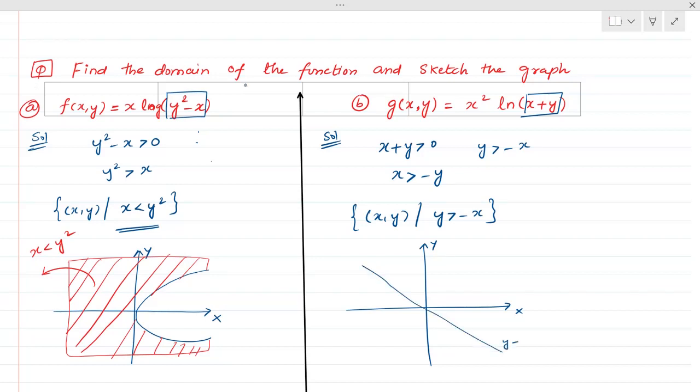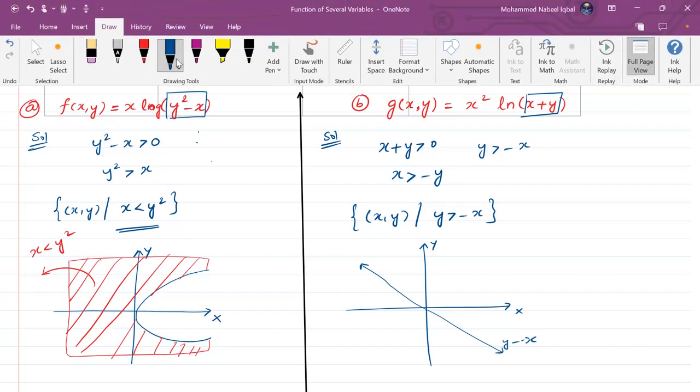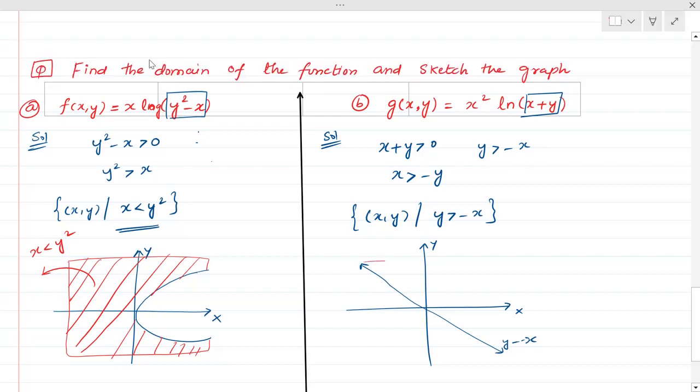This is the line y equals minus x, which is showing more than. More than means the upper part. So the upper part is the domain. That's it. Thank you.